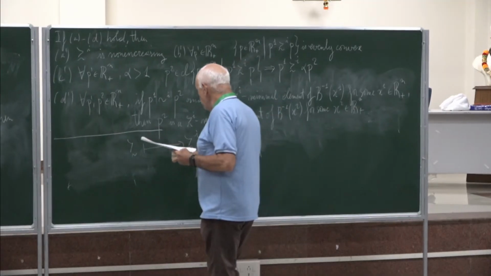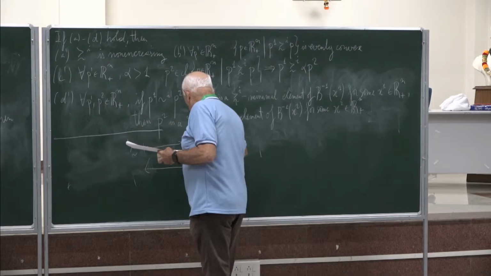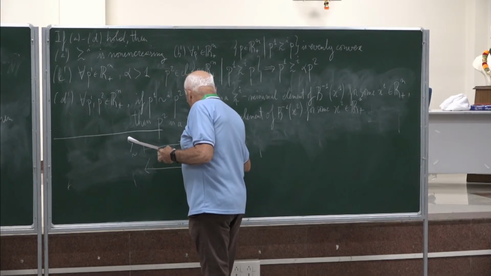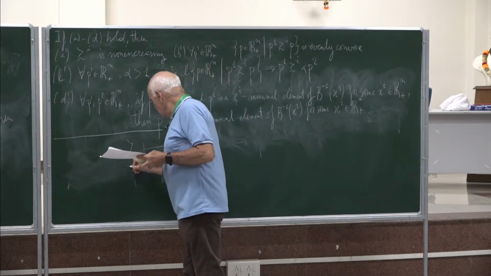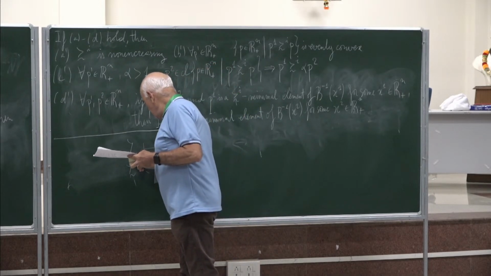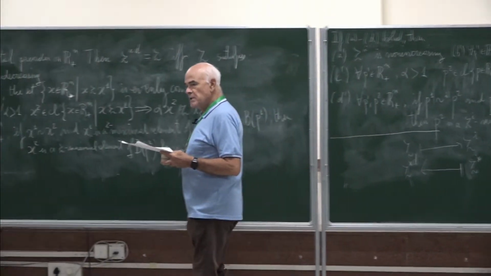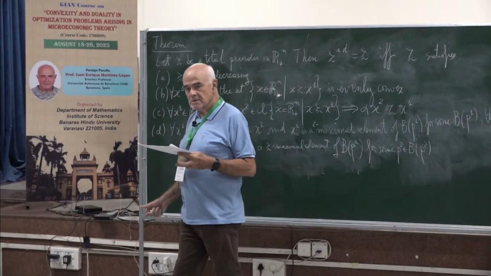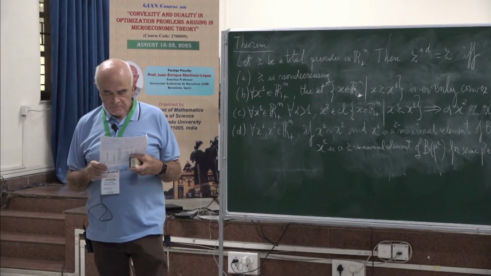And the inverse mapping is the one that sends a preorder on prices into the direct preorder we associated with it by that definition.